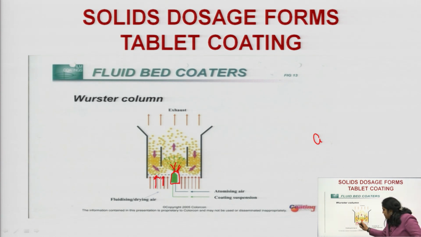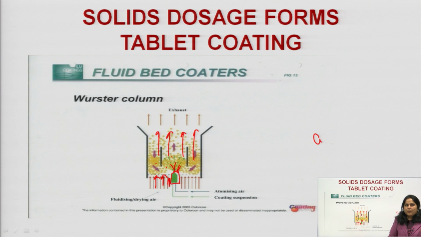From here there is fluidizing air which keeps these tablets in a fluidized state, and thus the coating solution is applied on the tablets in a fluidized manner, giving better application and better drying of the solution. When the air with vapors moves upward, it goes to the exhaust. So, this is the Wurster process and it is important because it is a continuous type of process.